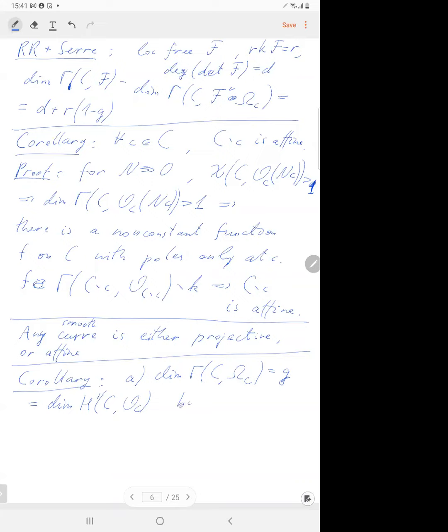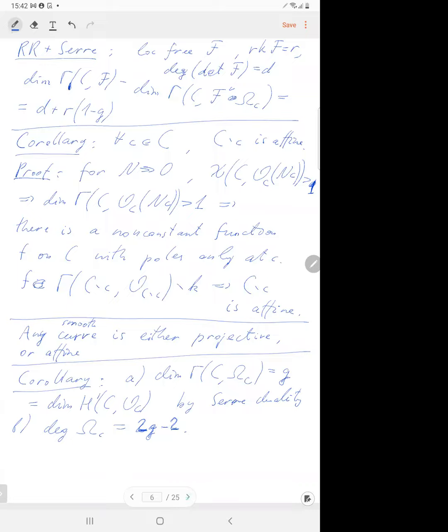So that's by duality. And then you know that the degree of the dualizing sheaf is 2g minus 2, as Sergei was eager to know.